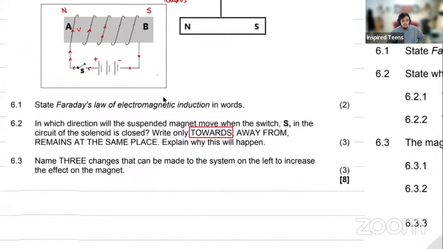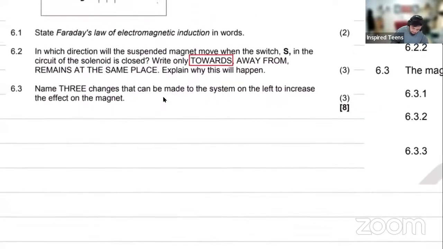6.3. Name three changes that can be made to the system on the left to increase the effect on the magnet. Okay, I'll give you a few. We have: increase the number of turns or coils on the solenoid. Increase the current.